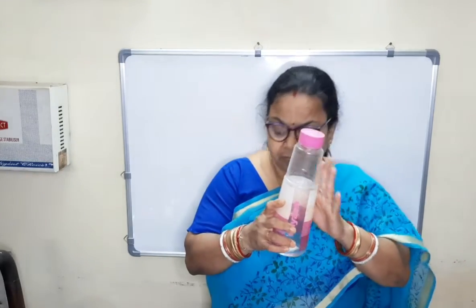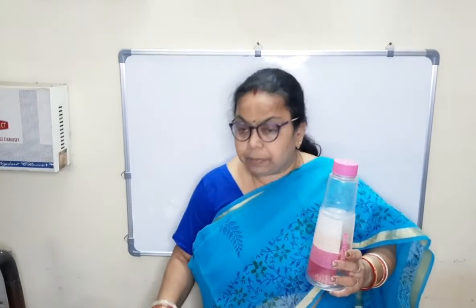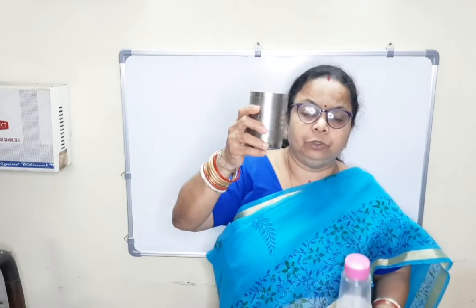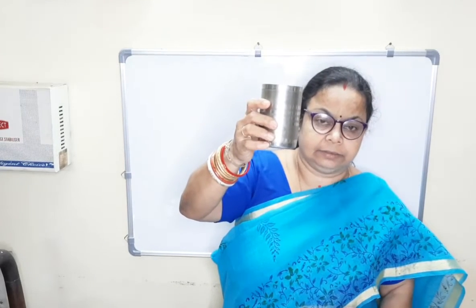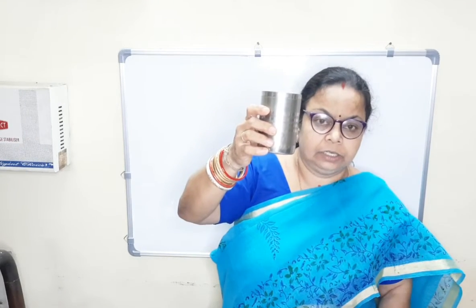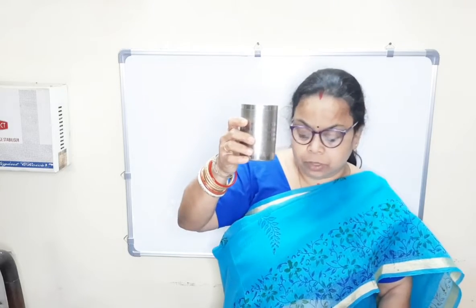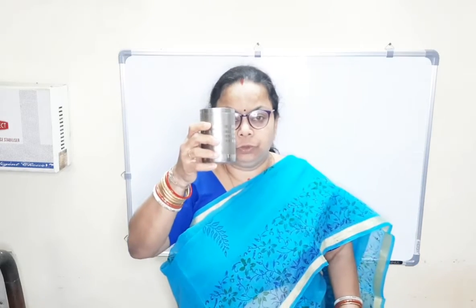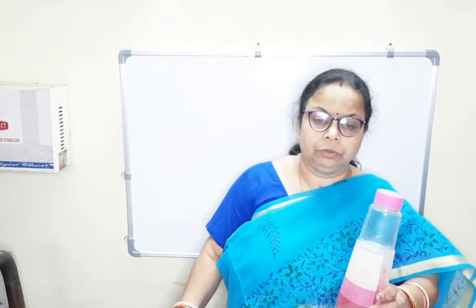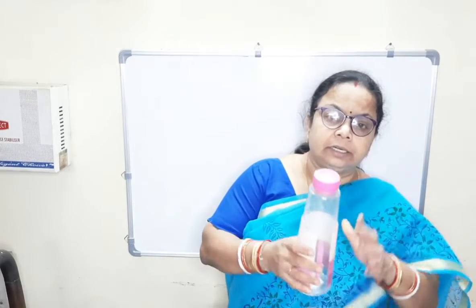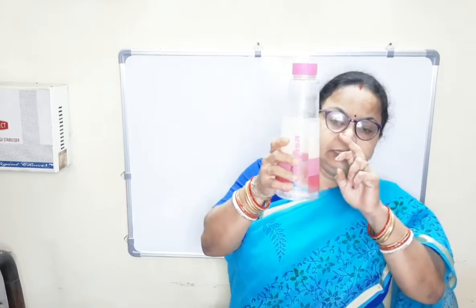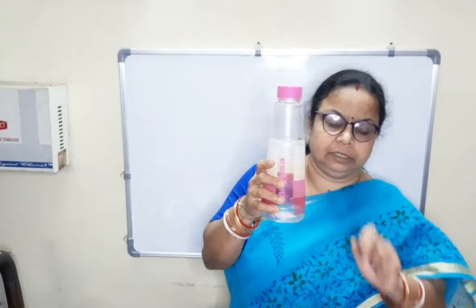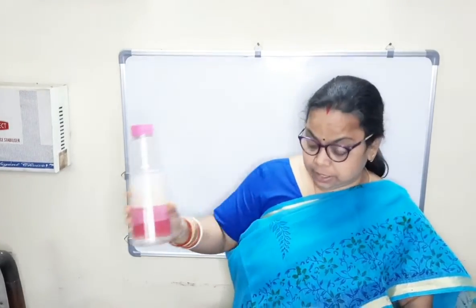So 1 liter is equal to 500 milliliter into 2 times of this glass. Okay, children. So 500 into 2 glasses is equal to 1 liter. That is the capacity of this bottle, children.